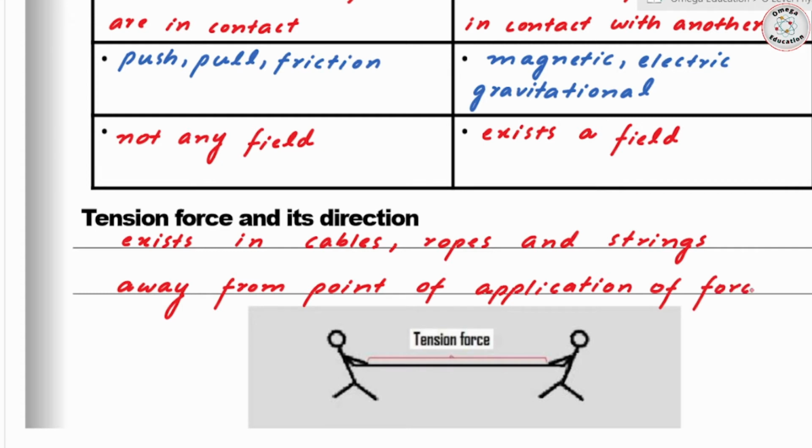You see, in this case, the person is applying the force over here. The second one on the right side is applying the force over here. The direction of the tension force is away from this point. So for this guy, the tension force would be on this side, and for this guy, the tension force in the rope would be on this side. These are points of application of forces, and the tension force is always away from that point.